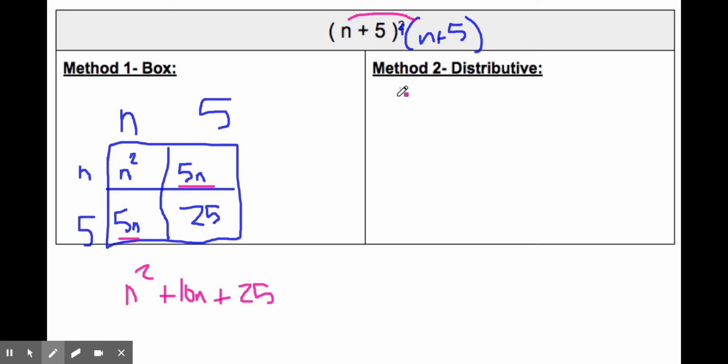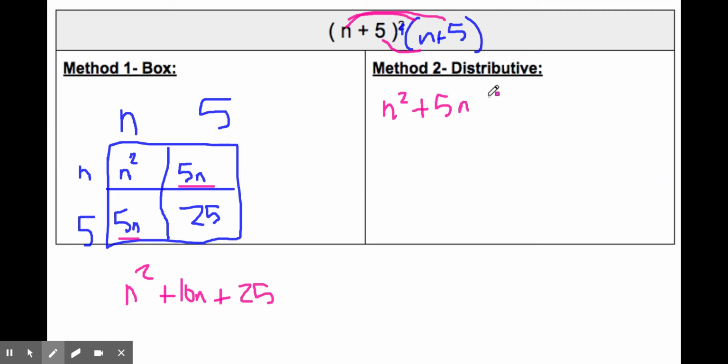So first I'm going to take n times n, get n squared. Now I'm going to take this n times the 5 here and get 5n. So all I'm doing is taking the first term listed here and multiplying it by all the other terms found in the second quantity. Then I'm going to take the second term listed here and multiply it by all the terms in the second quantity as well.